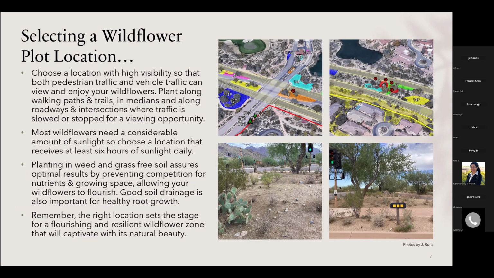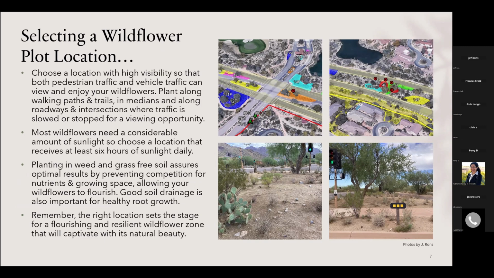So if you look at the top two pictures on this slide, those colored areas are actual wildflower plots. And so they're at intersections that have stoplights. So going each direction, that gives people an opportunity to see the wildflowers while they're waiting for the light or waiting for an opportunity to turn.